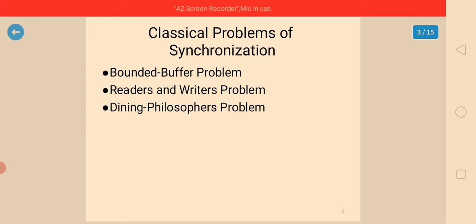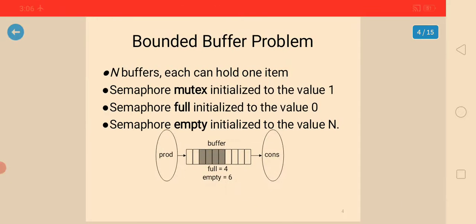First of all, we are going to see what the bounded buffer problem is. It is also called the producer-consumer problem, because the buffer pool has a maximum size. When the buffer pool has a maximum size, this problem is often called the bounded buffer problem.